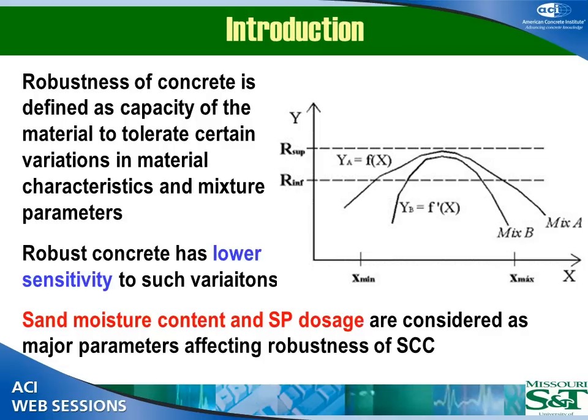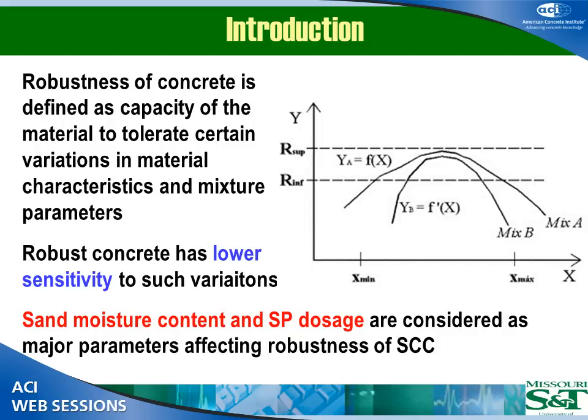So the way we define robustness is: robustness of concrete is defined as the capacity of that material to tolerate certain variations in material characteristics and mixture parameters. I think Nicola came in late, but I'm sure he spoke about this as well. If you look at the zone of opportunity, for example, if you say my concrete should have a minimum slump flow of say 600 and a maximum slump flow of 750, that defines filling ability.